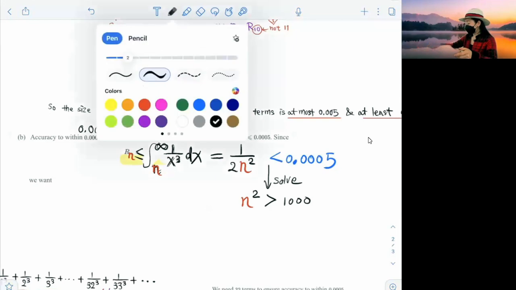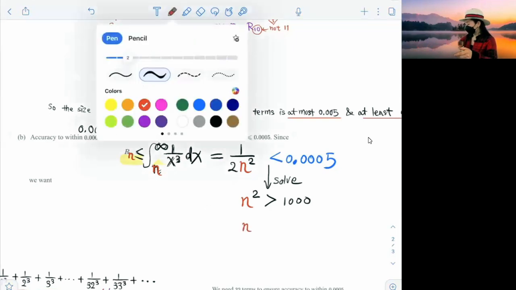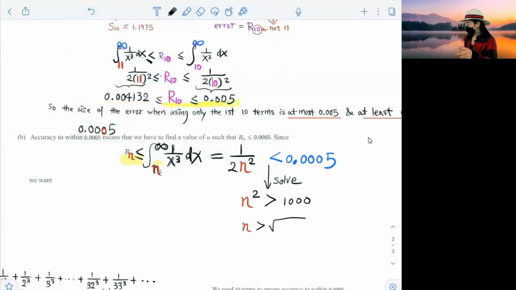Remember n has to be positive, right? So n is greater than what? Square root of 1000. What's the square root of 1000? It's about 31.6. So what does it mean?